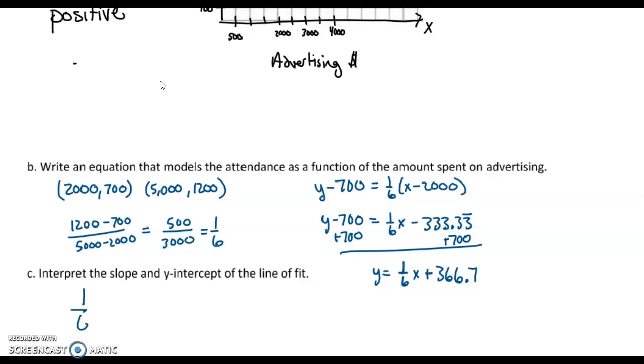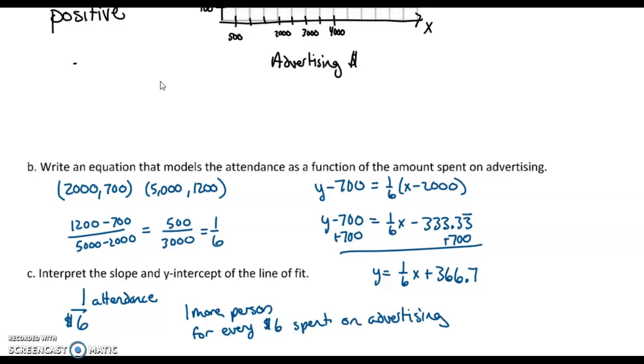So the slope, when you see 1/6, 1 is the y, and that was the attendance, and 6 is the x, and that was money. So basically, you get one more person for every $6 spent on advertising.